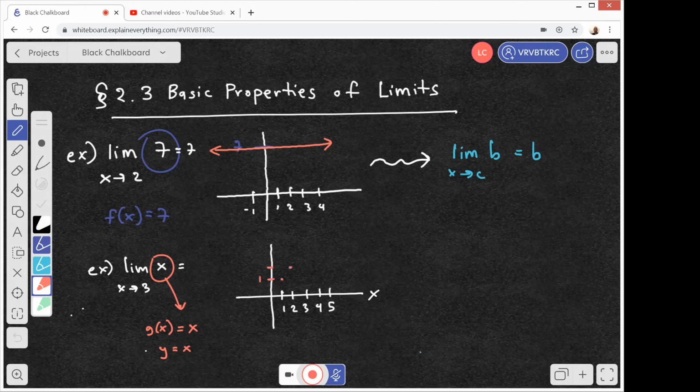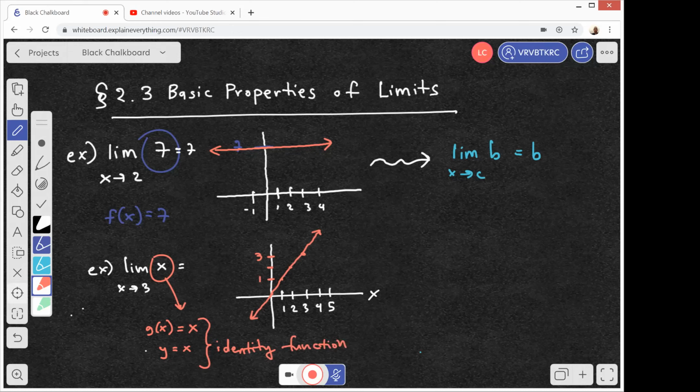When x is 3, y is also 3. So something like that, you could connect those dots and you get this straight line. Y equals x is called the identity function because whatever x is, it's the same thing as y.